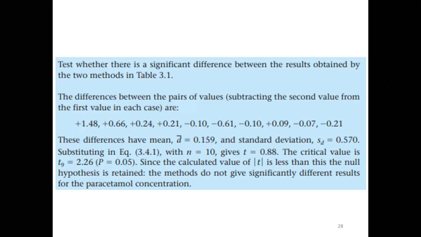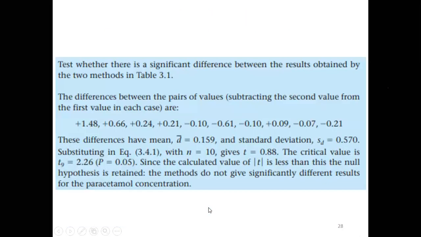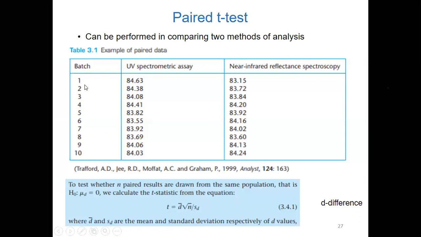Then calculate the mean and the standard deviation of these differences, and use this equation with the mean difference, the standard deviation and n. Here n equals 10, the number of measurements. In both cases we have done 10 batches, so n equals 10.